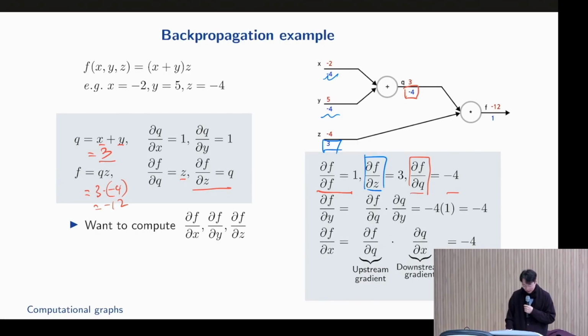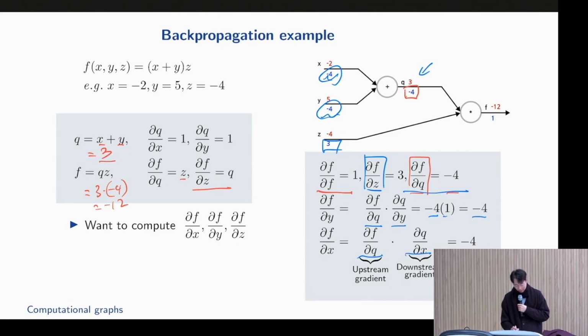So df dy: we're going to use the intermediate computation we have already done. That's by chain rule, df dq times dq dy. df dq we have already computed, that's -4. dq dy is 1, so it's -4. df dx, same thing, chain rule, df dq times dq dx, -4.